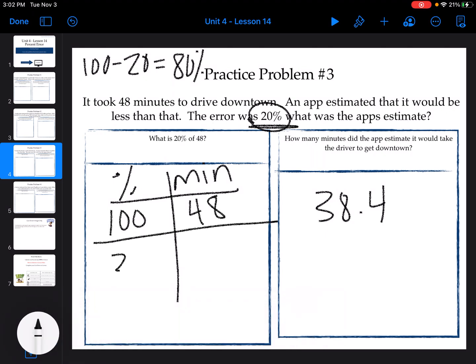So I have to figure out what 20% would be. So I'm going to divide going that way. So 20 divided by 100 is 0.2. So I'm going to multiply by 0.2 going this way. So 48 times 0.2, or 2/10. So 48 times 0.2, I get 9.6 minutes.